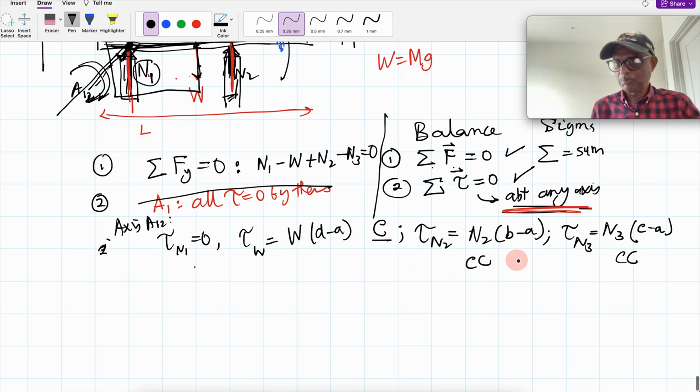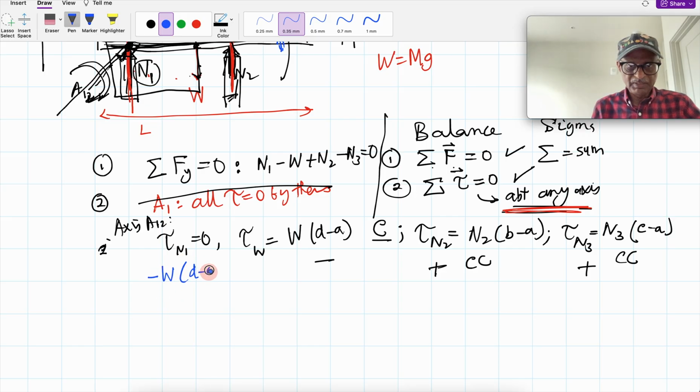So I don't care which one is plus or minus. Let's call this plus, plus, and this is minus. So we can just write down: minus W times d minus a, plus N2 times b minus a, plus N3 times c minus a, equal to 0. This is equation 1 and this is equation 2.